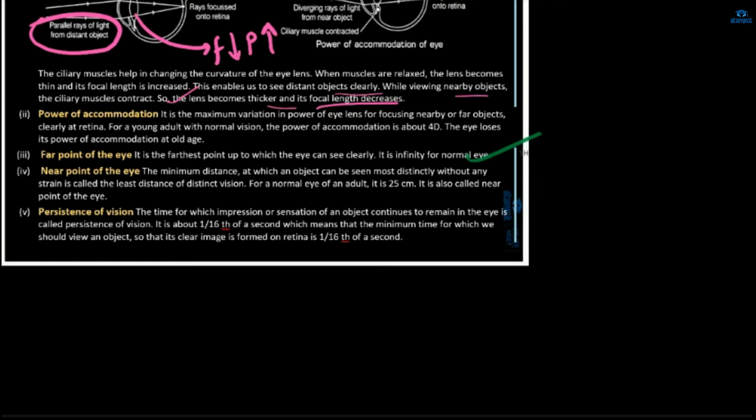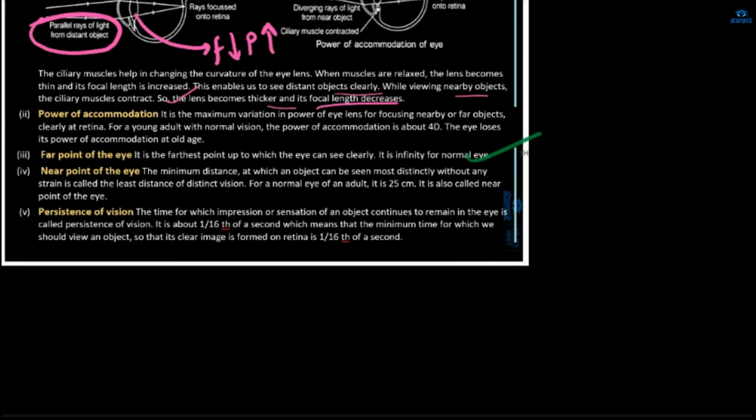Fine. So the near point of the eye is what? 25 centimeter. A normal eye can see things kept at 25 centimeter, like when we are reading a book, clearly and without the eyes getting strained.